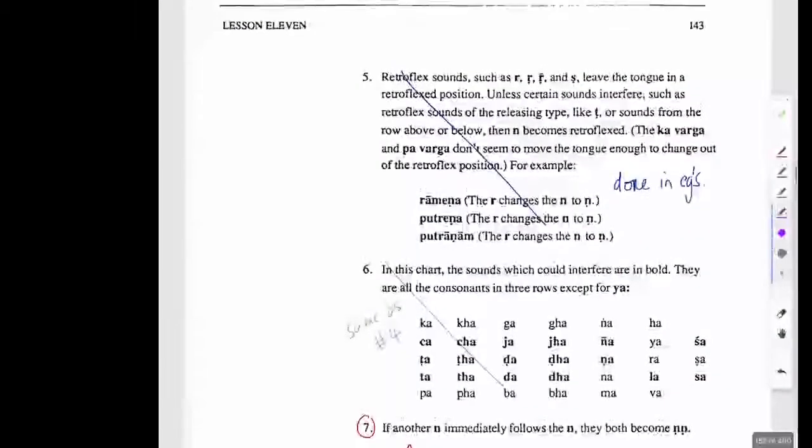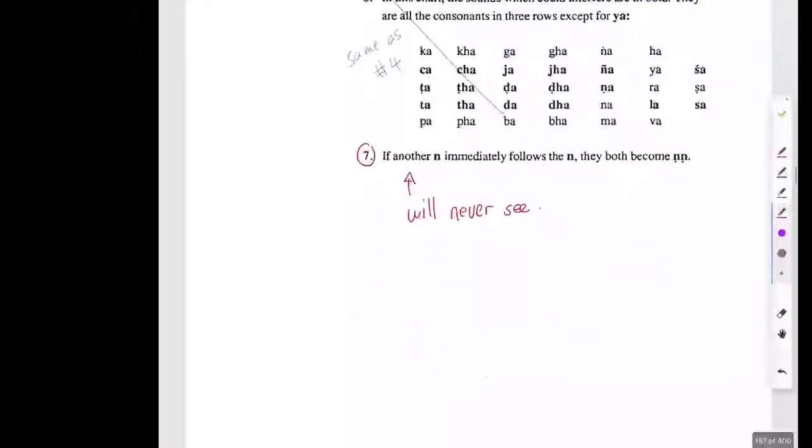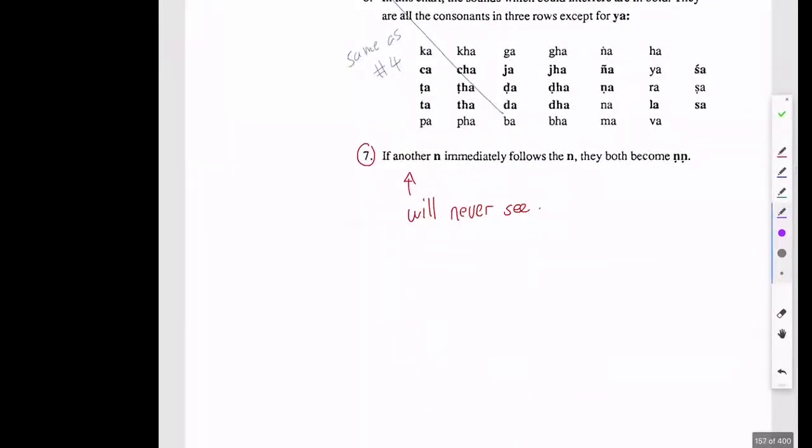Number 5, ignore. Number 6, ignore. We've just done that in a much more articulate way. Number 7, you will never see. What it's saying is if the n is followed by an n, then they both become retroflex n.